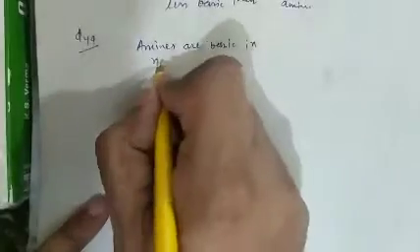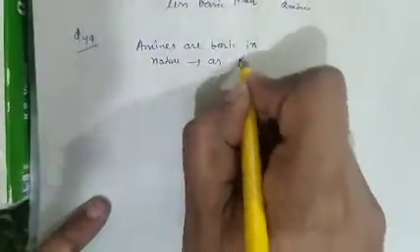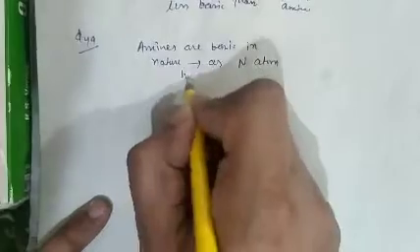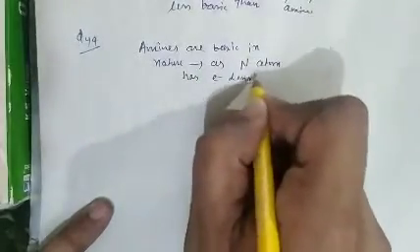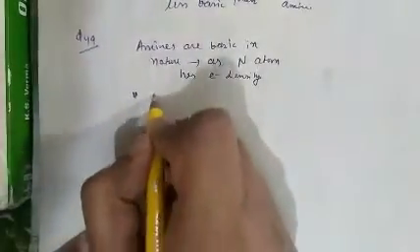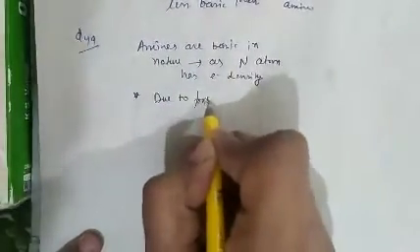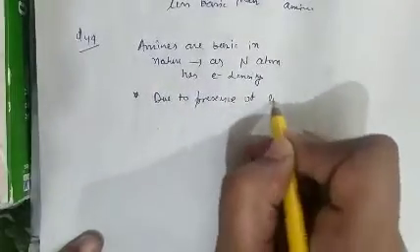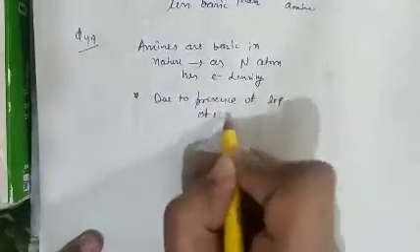See question number 49. In question number 49, what is given there? Assertion: Amines are basic in nature. This is a correct statement. As the nitrogen atom has electron density, the reason is due to the presence of a lone pair of electrons on the nitrogen atom.